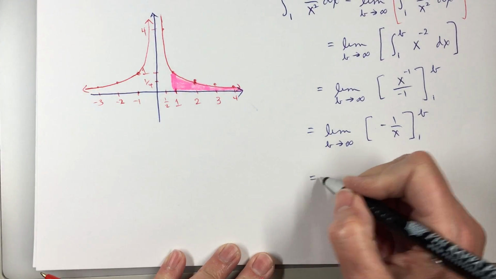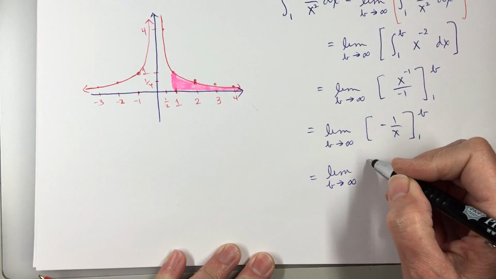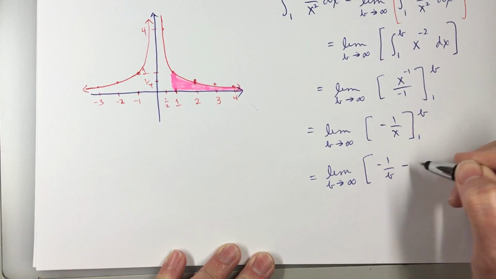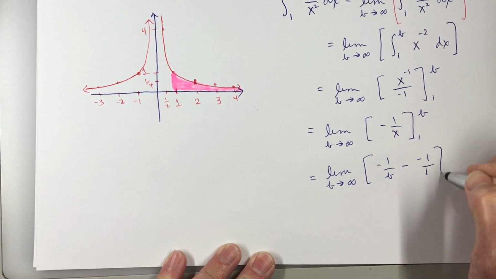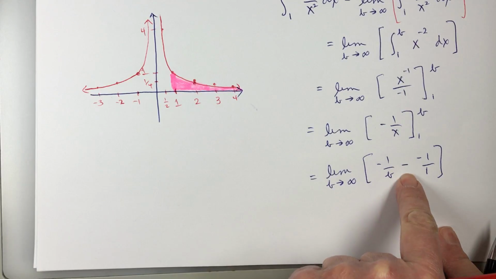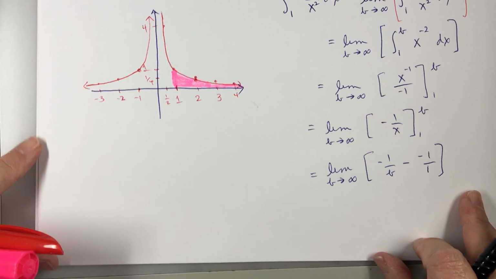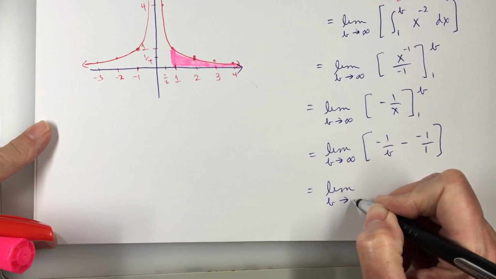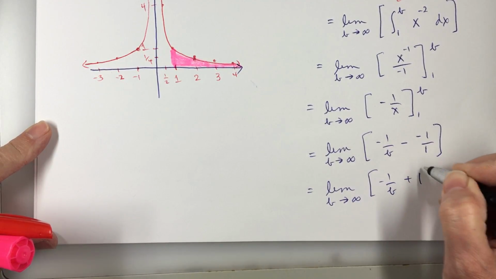And then that's the limit as b approaches infinity of -1 over b minus -1 over 1. Remember, you're subtracting the two values, and you got that negative that showed up when I did the antiderivative. So this will be the limit as b approaches infinity of negative 1 over b plus 1.